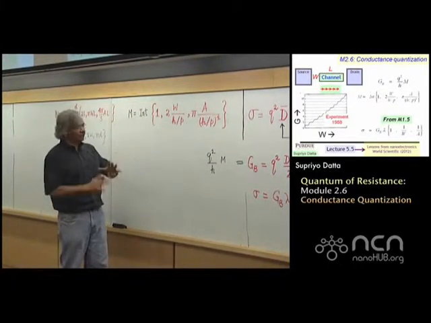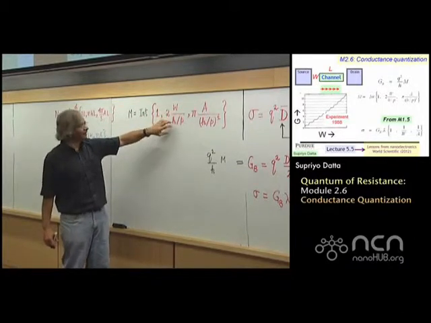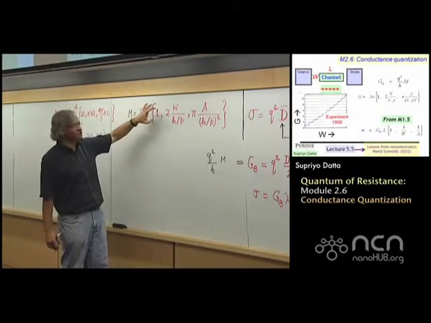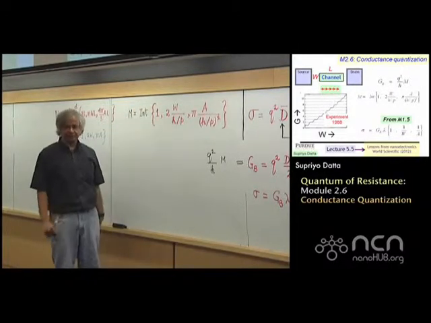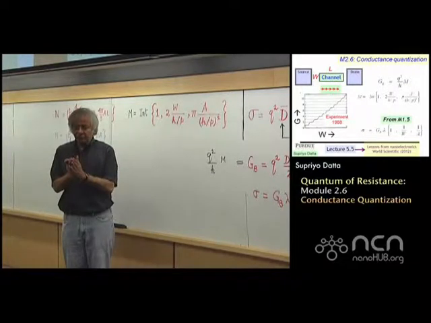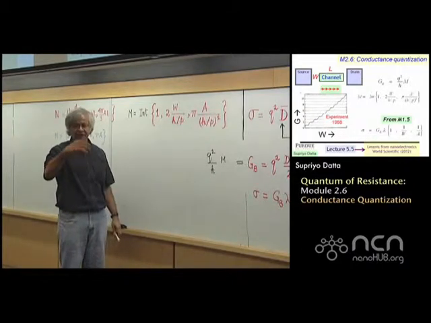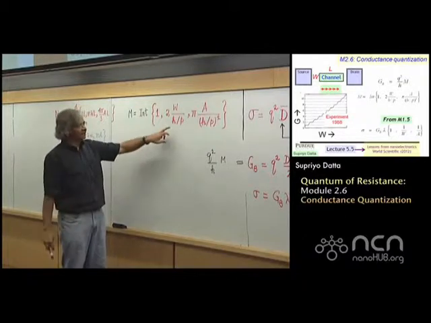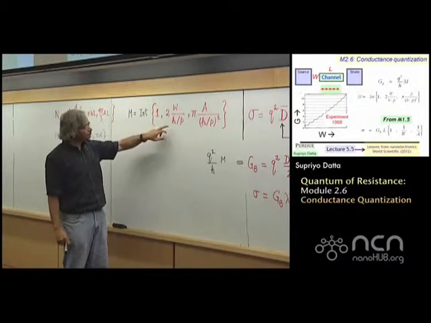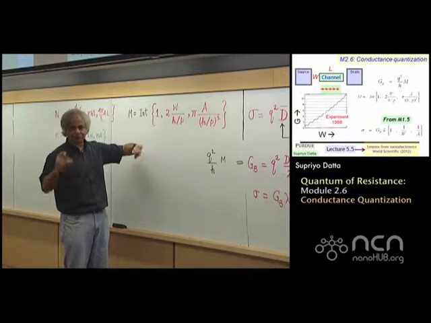But once you adopt this wave viewpoint, that this is like the number of wavelengths that fit in, then you have to take the integer value of this. So you would expect that when you increase the width of something, the ballistic conductance should go in steps. That is, this M could be 1 for a while, and then it becomes 2, and then 3, and 4, and 5, and so on, but does not go as 4.7 or 5.8. It will go in steps.